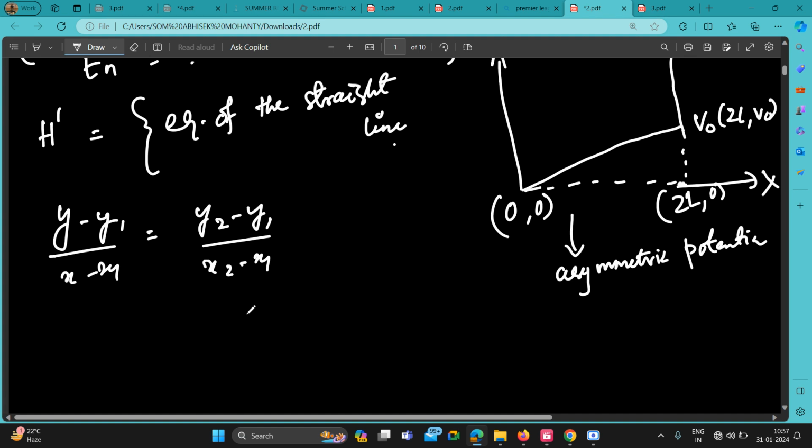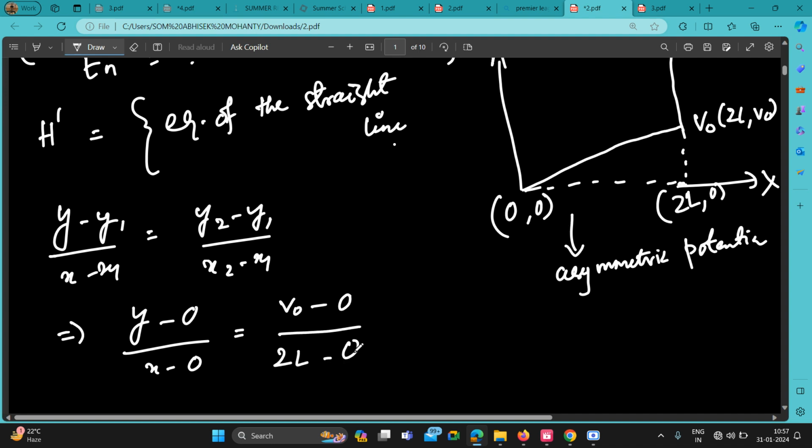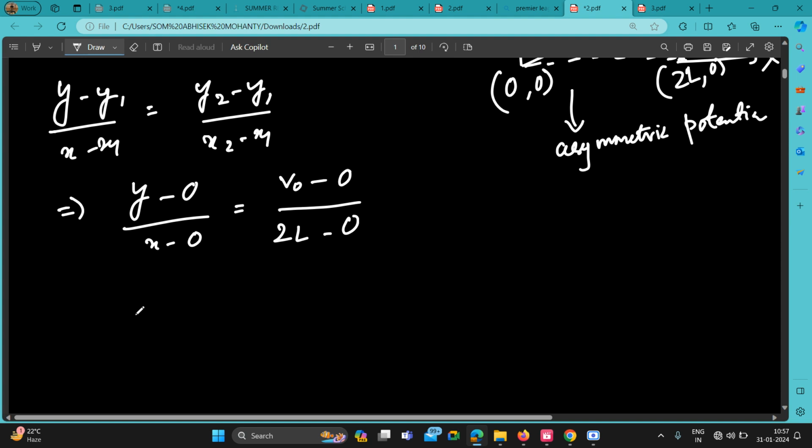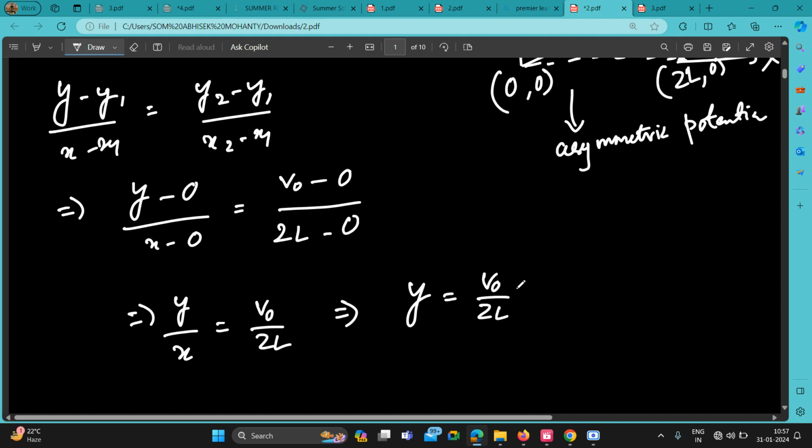So I can write y minus y1, where y1 is 0, divided by x minus x1, where x1 is 0, equals y2, which is V naught, minus y1, which is 0, divided by x2, which is 2L, minus x1, which is 0. So this becomes y by x equal to V naught by 2L. So the equation is y equals V naught by 2L into x.